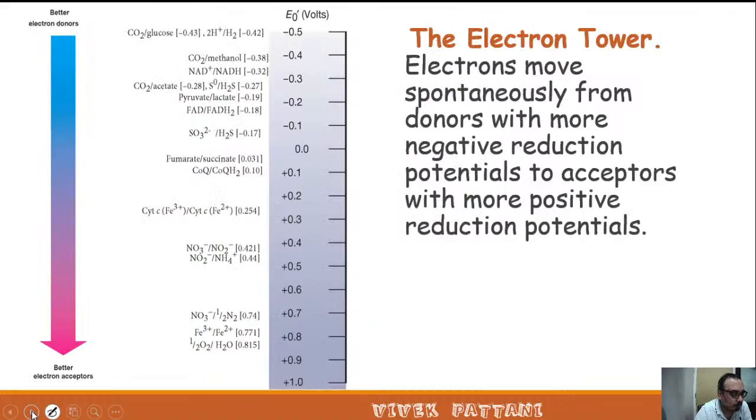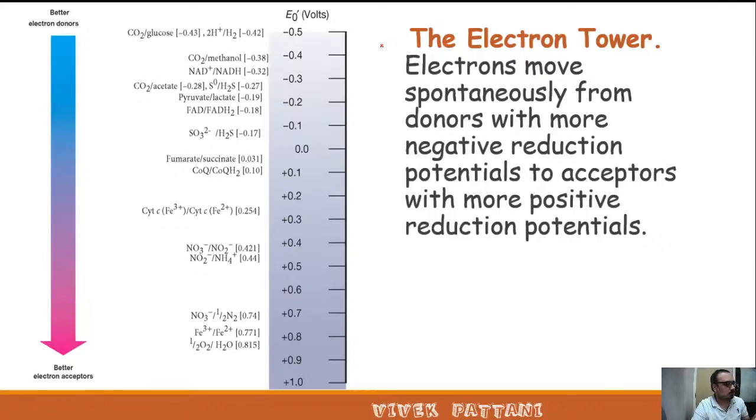So this is an electron tower, showing which compounds can be better electron donors or better electron acceptors.